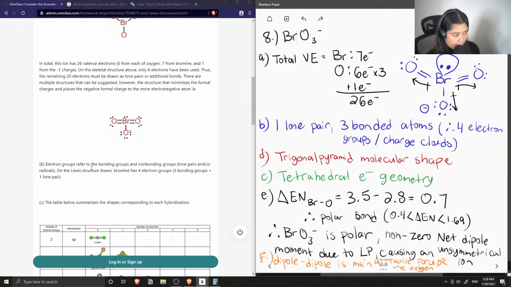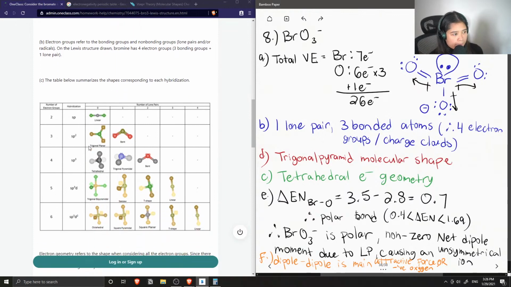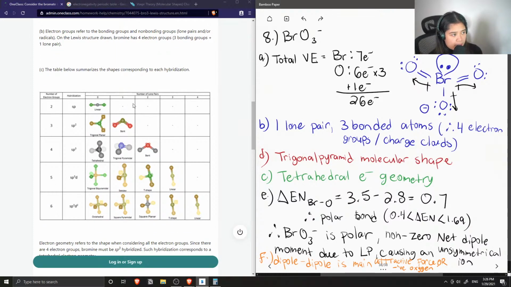So for part B, electron groups refer to the bonding groups and non-bonding groups, lone pairs and or radicals. On the Lewis structure drawn, bromine has 4 electron groups, so 3 bonding groups and 1 lone pair. And they have a VSEPR table that summarizes each of the different shapes corresponding to each hybridization.